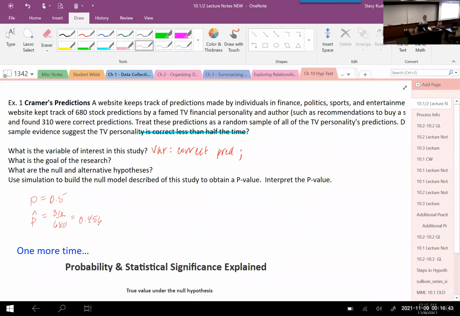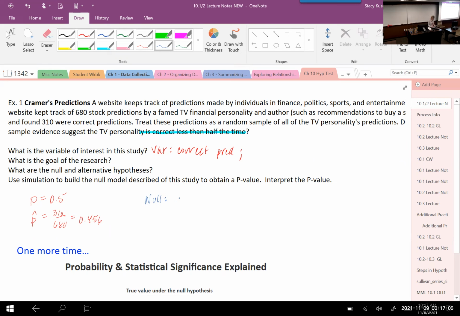So our null hypothesis would be that this TV personality's predictions are correct half the time, right?